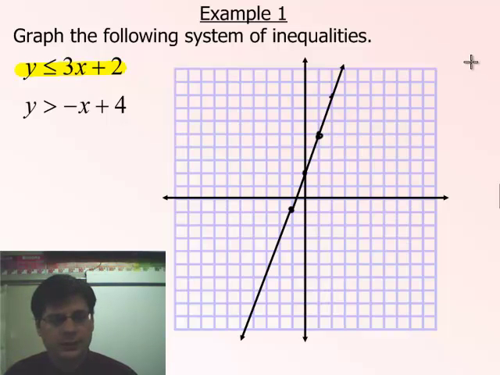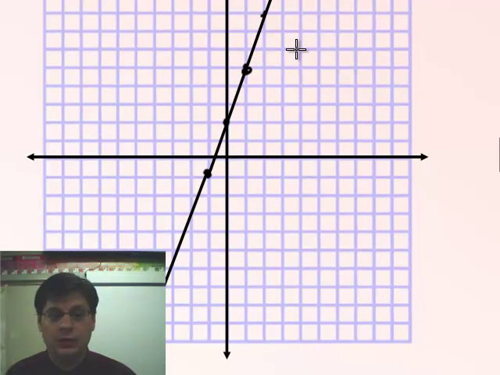Now we're going to look at our line here, and we need to figure out what this inequality means and how we represent it. This is simply stating that values of y, or solutions, are values of y that are less than 3x plus 2. So any value of y that's less than this line, which represents 3x plus 2.